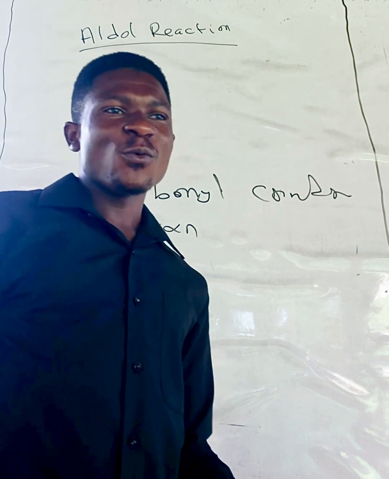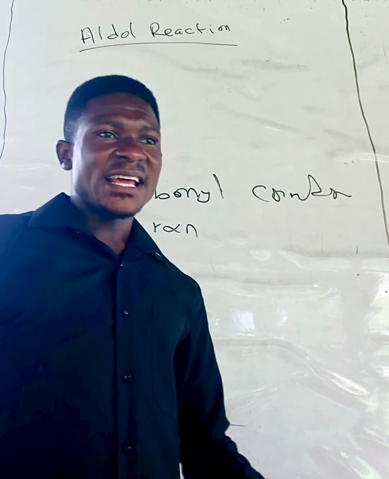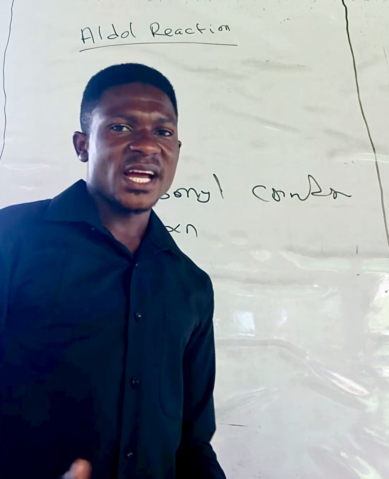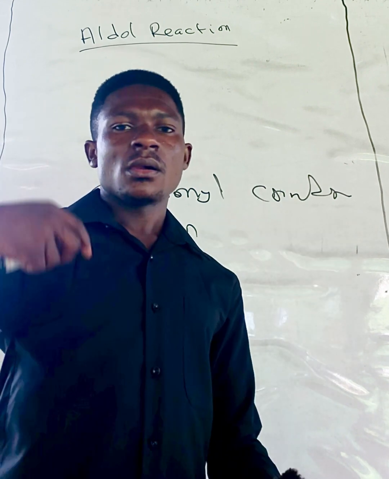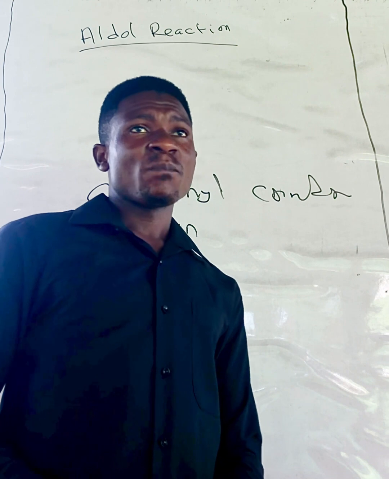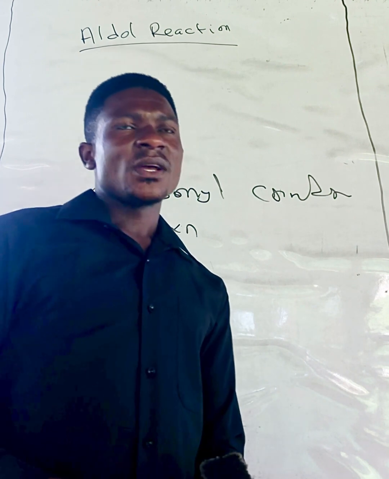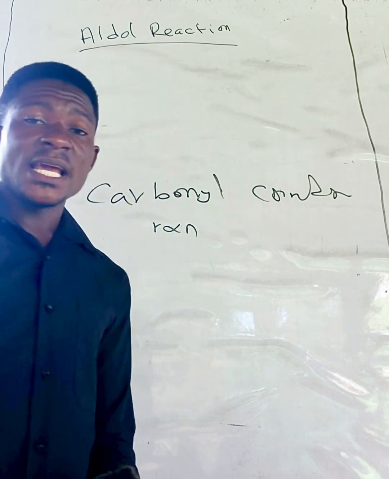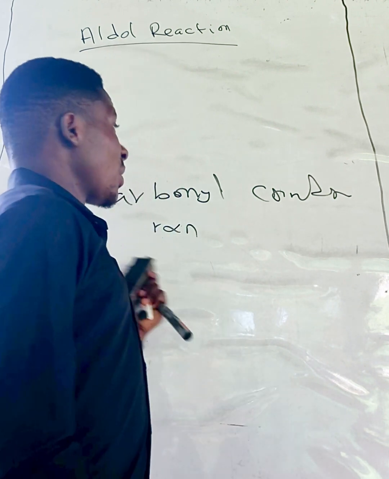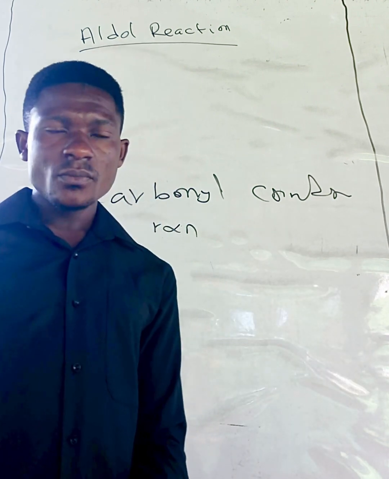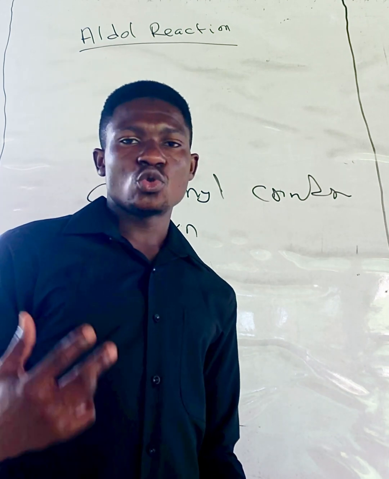Carbanions usually undergo a series of reactions, and the general name given to those reactions is carbonyl condensation reactions. Those reactions involve the use of two partners. If I say two partners, it means that for you to undergo a carbonyl condensation reaction, we need two molecules.